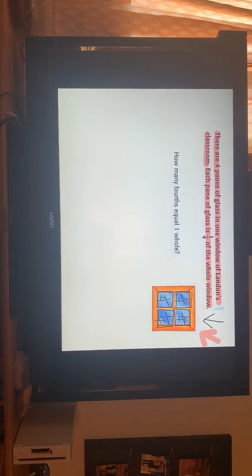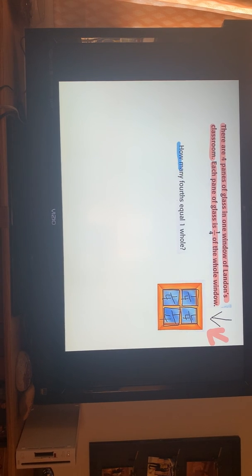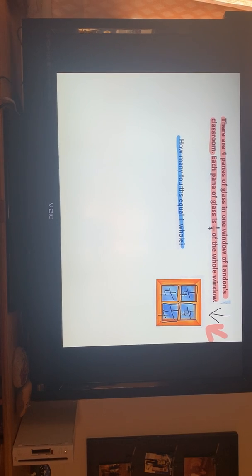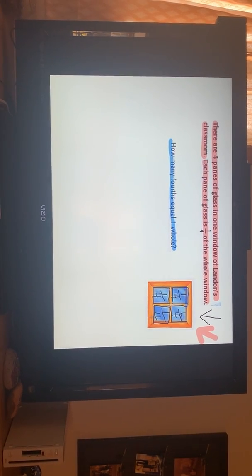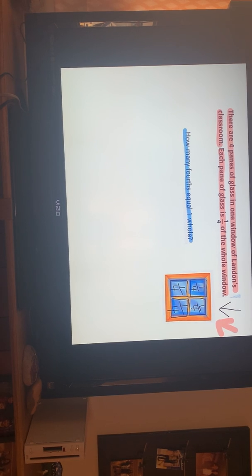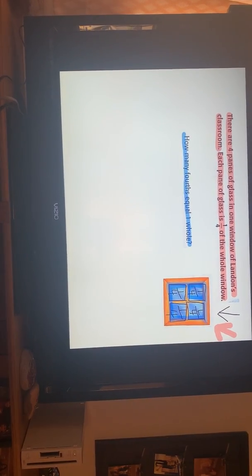Here is the rest of the question. It says, how many fourths equal 1 whole? Okay, they want to know how many of these equal the whole window. How many 1/4 panes of glass do you need to make the whole window? Here we can see the 4 panes of glass all laid out in a row. We know that to make this whole window, we need all 4 of these panes of glass.